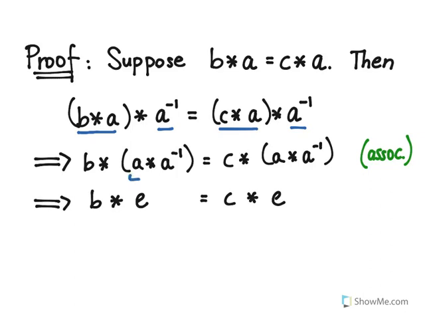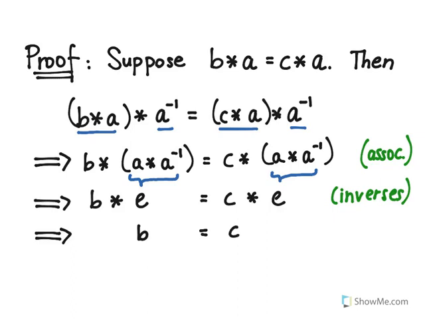At that point, I've got an A star A inverse, which by the definition of inverses is the same thing as E, the identity. And I've got another one, an A star A inverse, on the right-hand side. So there I'm using the definition of inverses. And then lastly, B star E, remembering that E is the identity, that's the same thing as B by the definition of the identity, and C star E is the same thing as C, again by the definition of the identity.